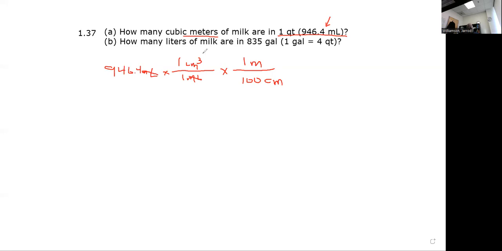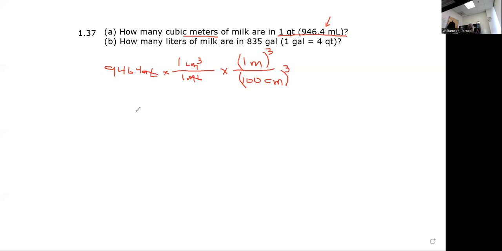But there's a problem. This is cubic centimeters, right? Well, this is not cubed and that's not cubed. But you know what? In algebra, if I cube the top and I cube the bottom, the relationship still holds true.